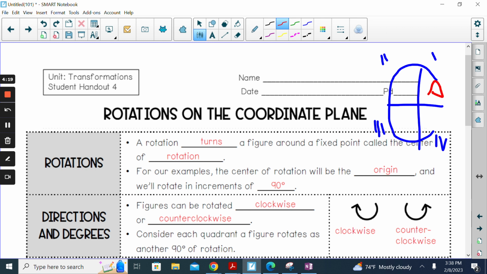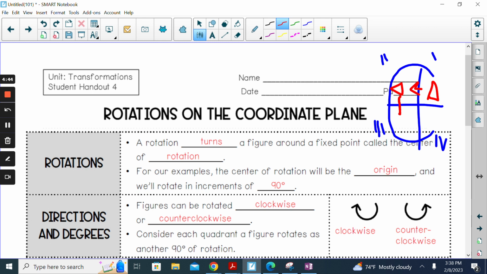So if I had a triangle and I rotated it counterclockwise, so I went this direction, each time I move it into a new quadrant and turn it, it will be 90 degrees. Let me rewrite this triangle so it looks like a triangle and not a blob. Alright, so here's your triangle. When we turn it 90 degrees, it will look like that.